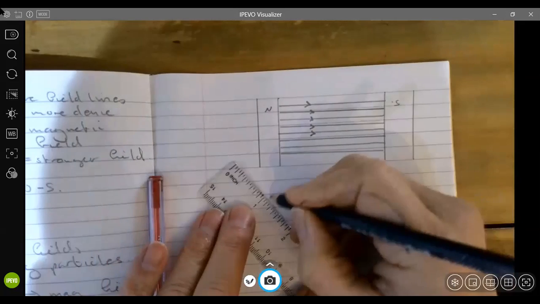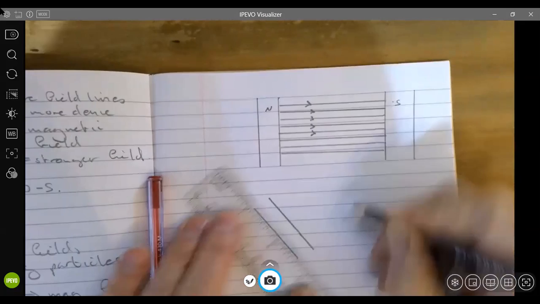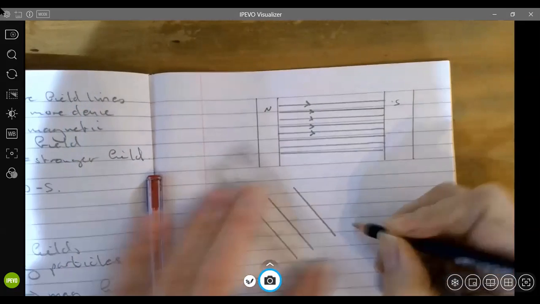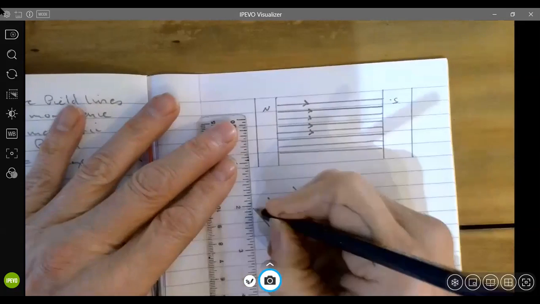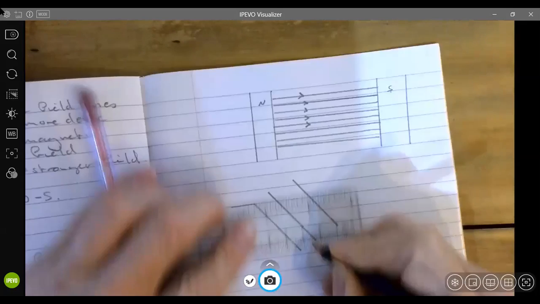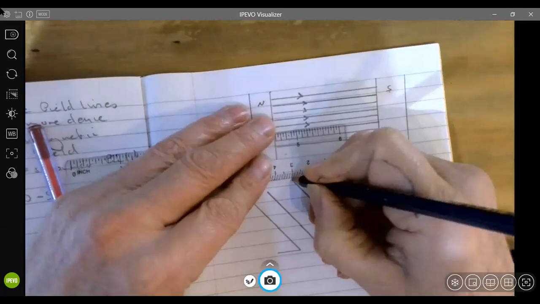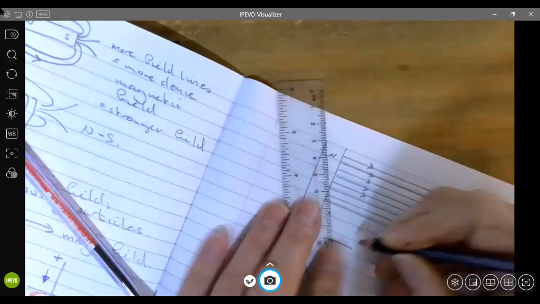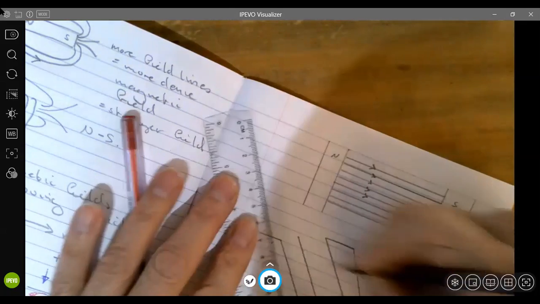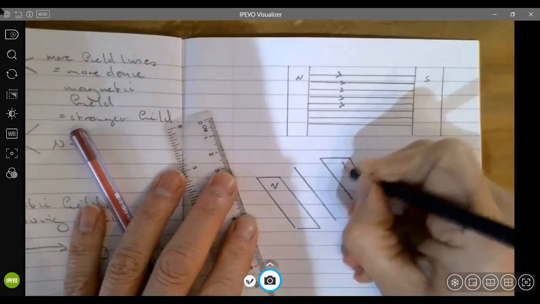What we can also say is that this is my magnet here. I'll draw this in two dimensions. There's north and there's south.